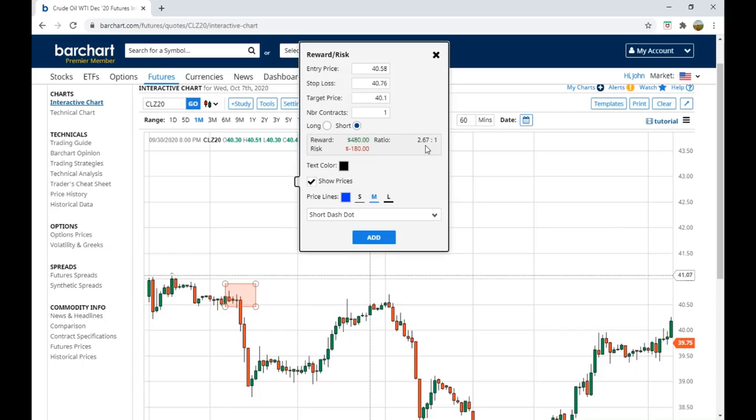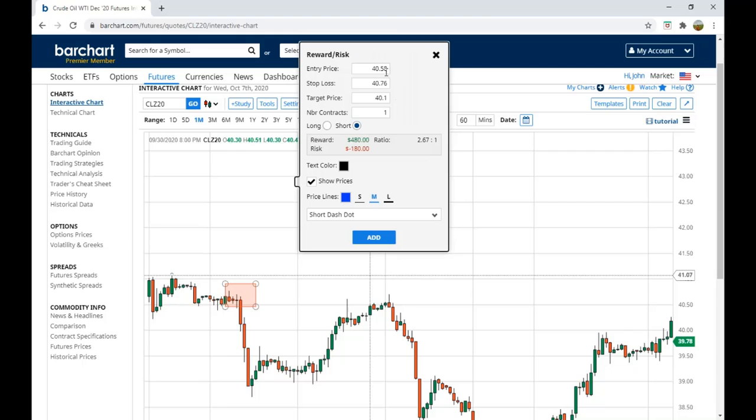You can see here that this trade does not give me 3-to-1. So that might not be a good trade for me, but I don't want to give up on this trade, right? A lot of times on these setups, we just might need to make some minor adjustments to our trade to get to that 3-to-1.